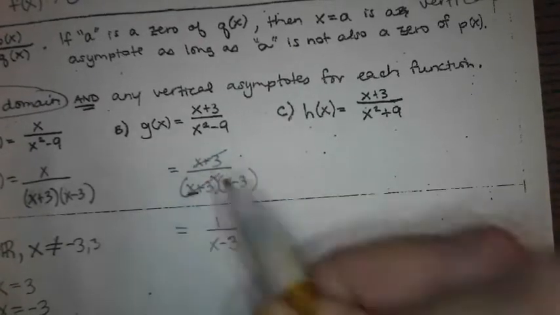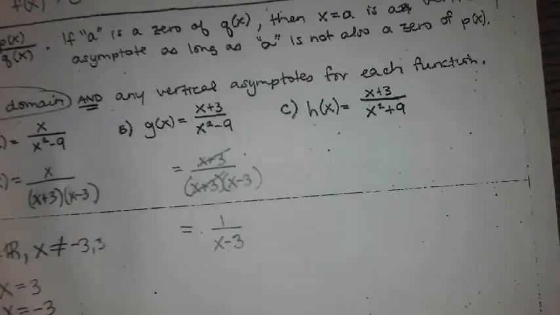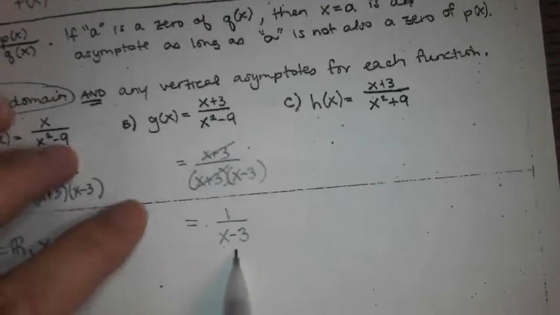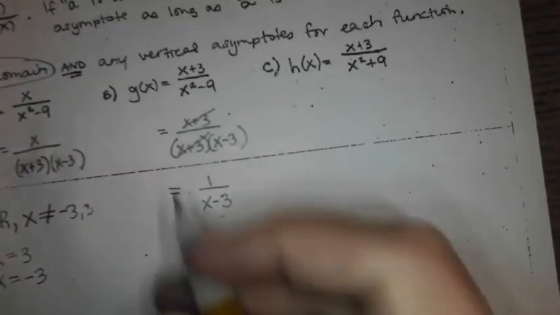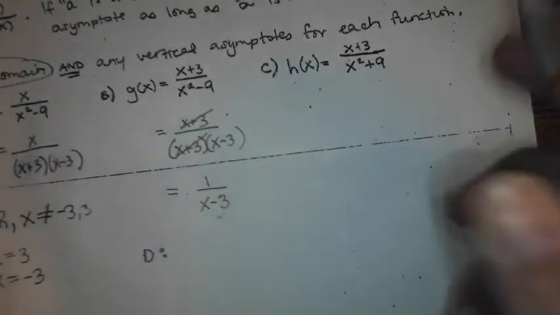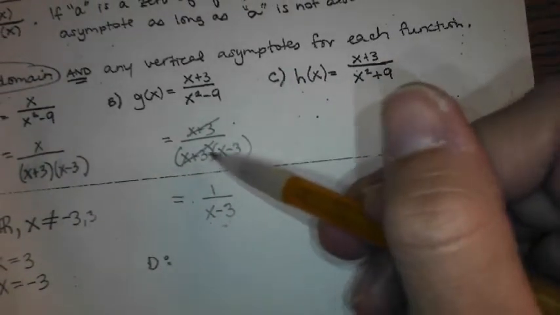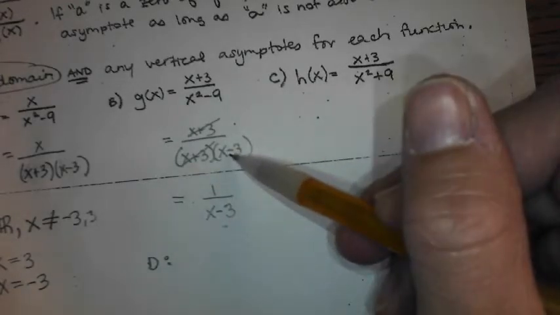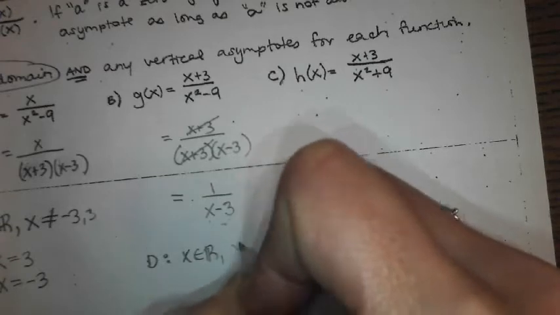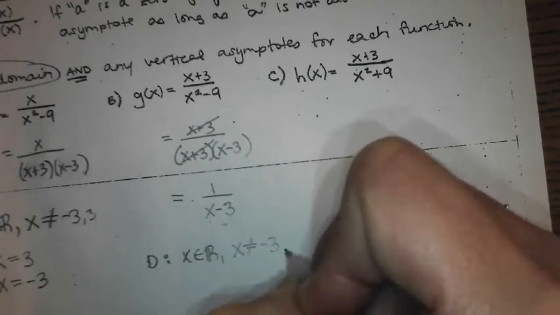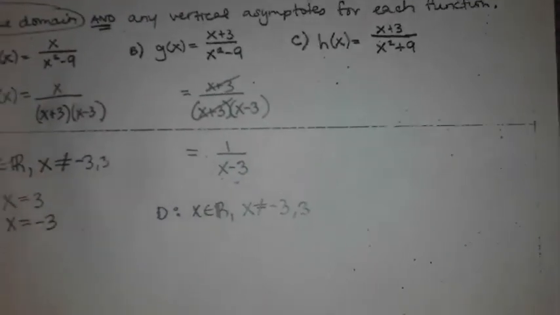This x plus 3 cancels. Our only asymptote is at x equals 3. But our domain still has to exclude both of these values, plus or minus 3. So our domain is that x is all real numbers, but x cannot equal negative 3 or 3 again. That's still our domain.